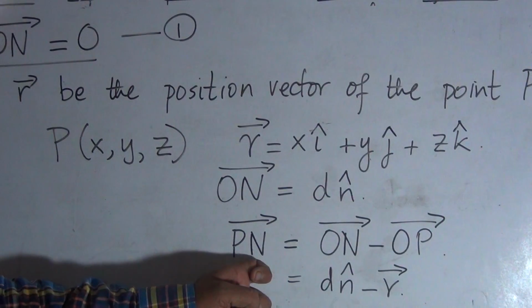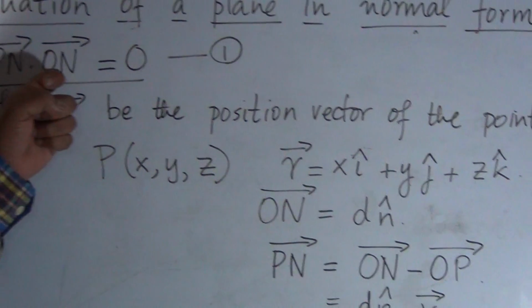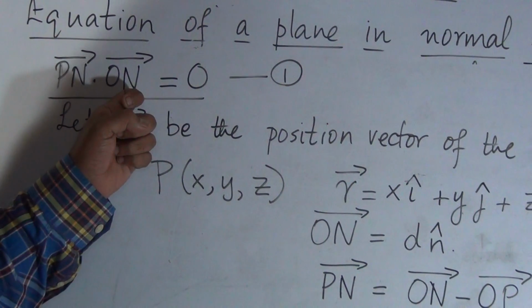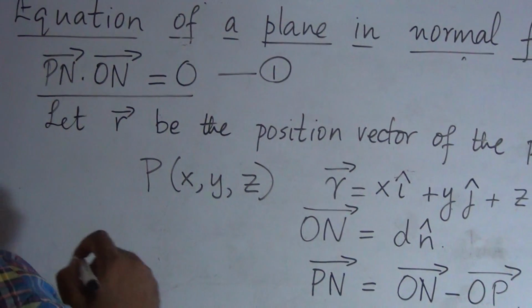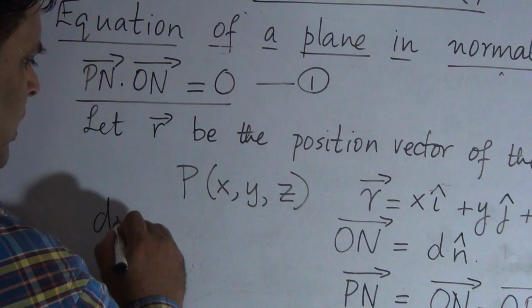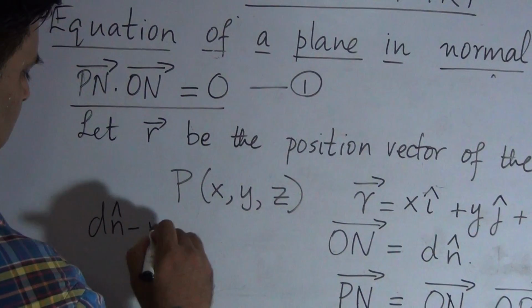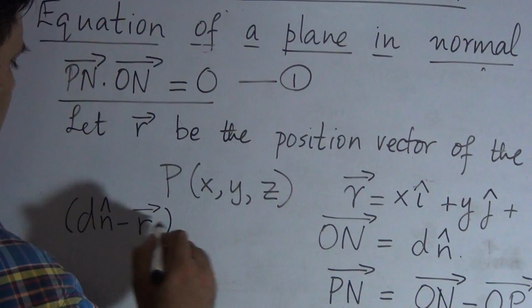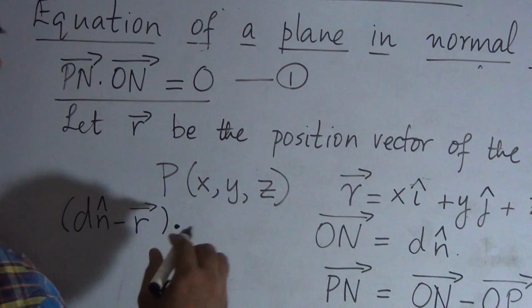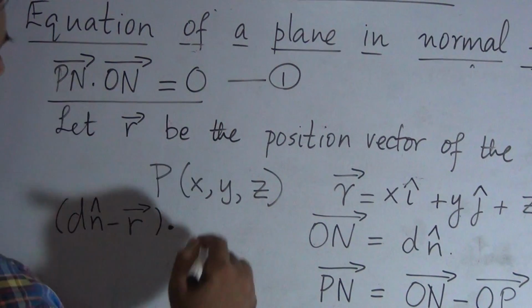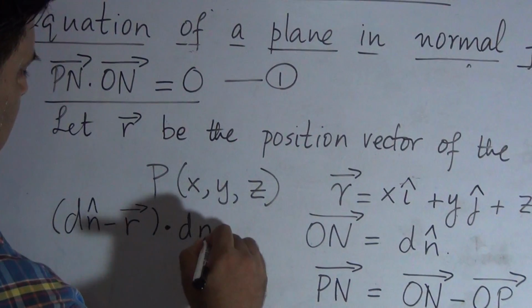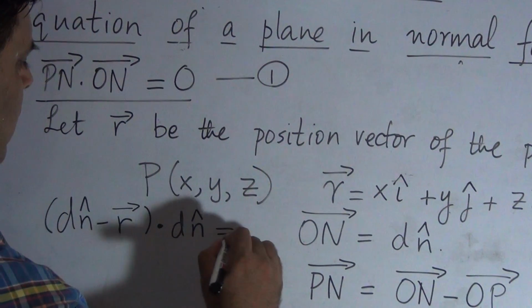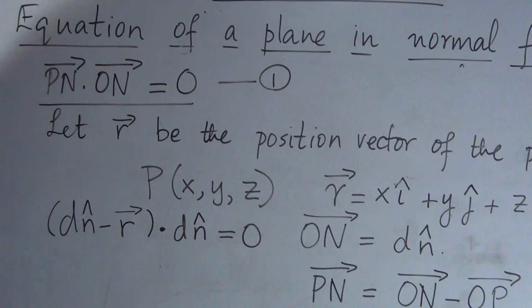PN vector is perpendicular to the vector ON. So that means d n cap minus R dot product with ON, which is again d n cap, this should be equal to 0.